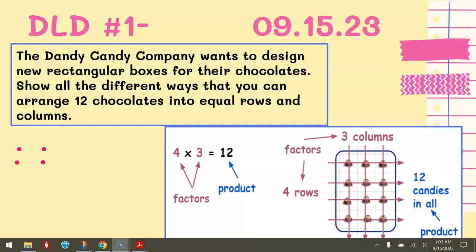So you can see, we have 2 rows of 6, or we can have 6 rows of 2.